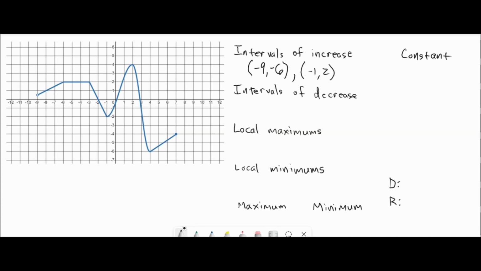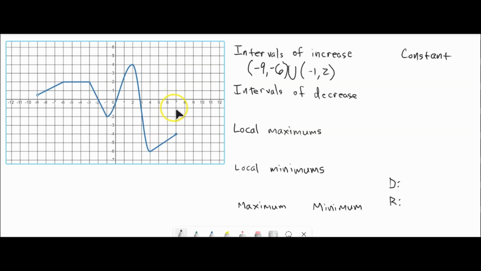And different homework systems and different homework questions will require something different. So sometimes you'll have a question that wants you to put in a union, and sometimes you'll have a question that wants you to put in a comma. All right, and so now you can also see here that we've got this interval of increase. It starts here at x equals 4, and it ends here at x equals 7, okay?